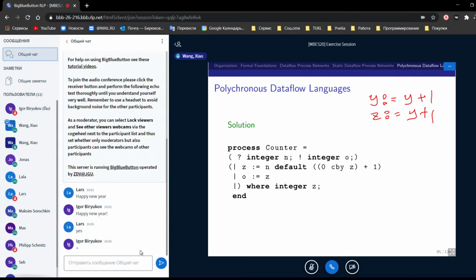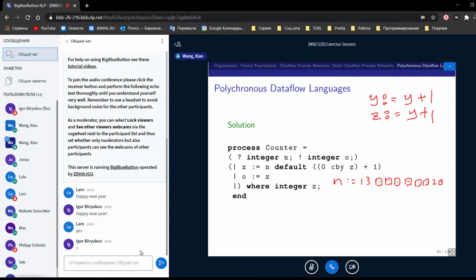Maybe for an example, it's probably not a good example because I have too many boxes.